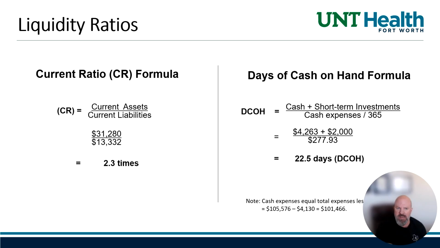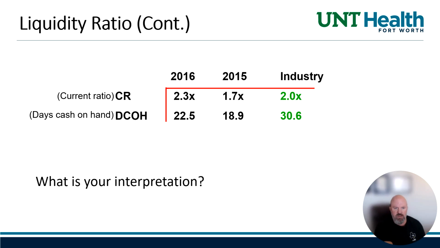However, cash and short-term investments are not yielding very much interest. And so we talked about making our money work for us, and money just sitting over there in a corner in a pile, if it's not doing anything, it's not making any money for us. So having cash on hand just sitting is sort of a balance that operators need to work with. They don't want to have too much, but they also don't want to have too little, okay?